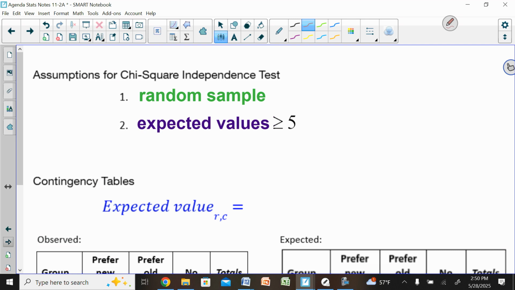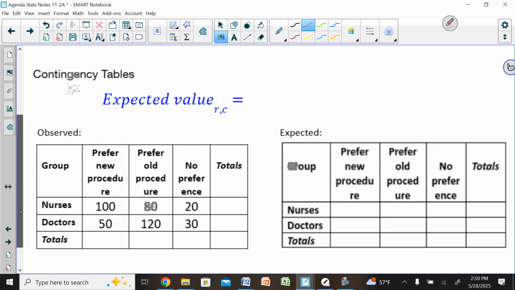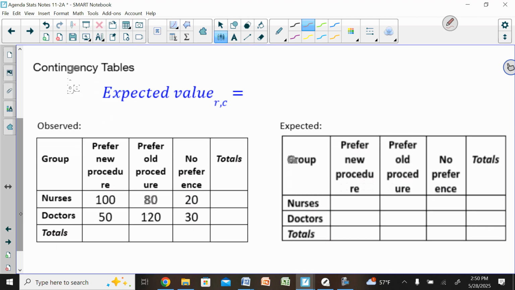So, contingency tables. It looks a lot like our expected values tables, except notice I've got a table down here and I've got this labeled as observed. So we're looking at 2 different things. We're looking at whether a person asked is a doctor or a nurse.